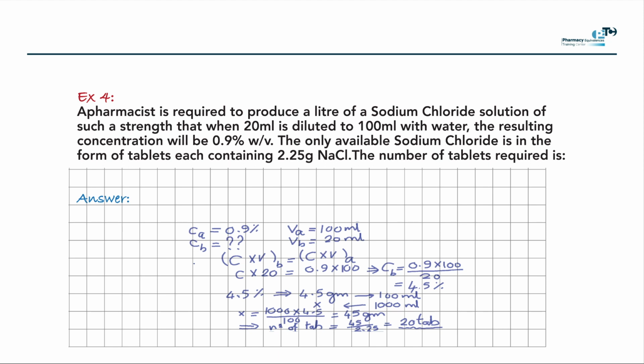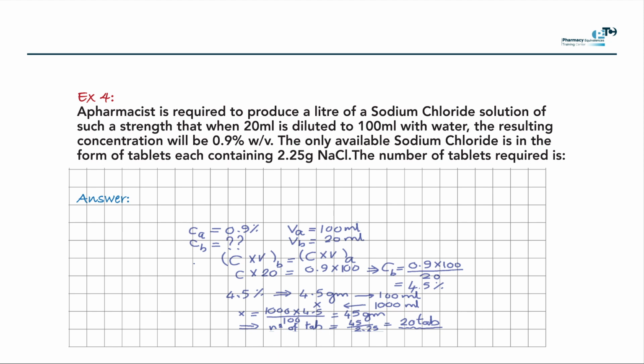The only available sodium chloride is in the form of tablets, each containing 2.25 grams of sodium chloride. What is the number of tablets required? Here we get the concentration of the solution required, which is 4.5%. And knowing that 4.5 grams are dissolved in 100 milli of the solution.